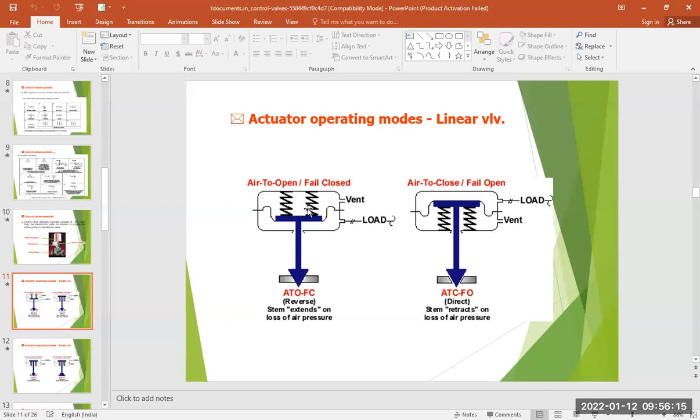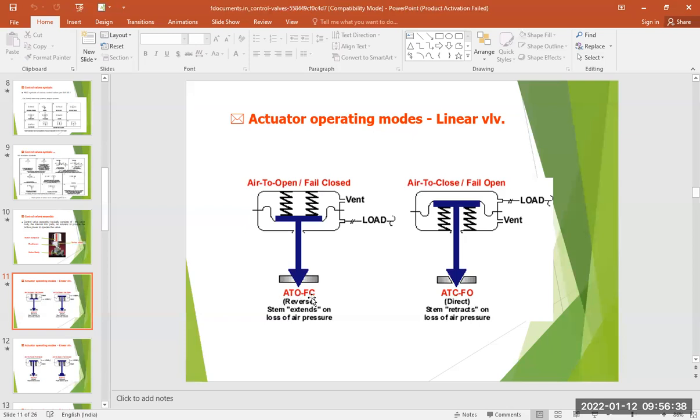Here you can see this is a spring type of valve, and there is one tube channel we attach, through which the pneumatic air pressure is let into this valve system. This is also pressing on the system, and here we also attach the load. So this is basically ATO, that means air to open and fail closed.